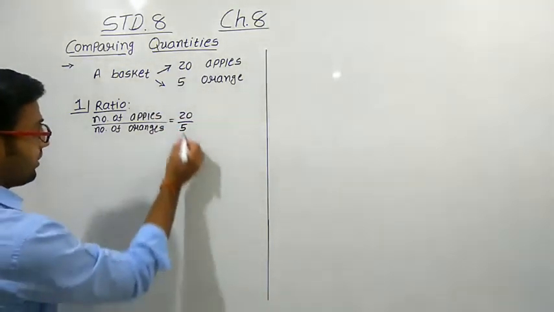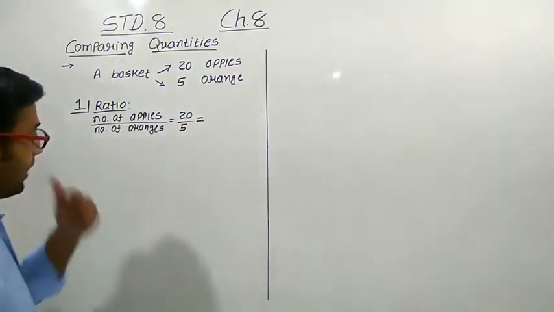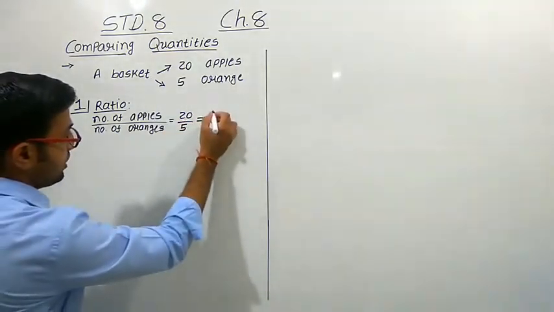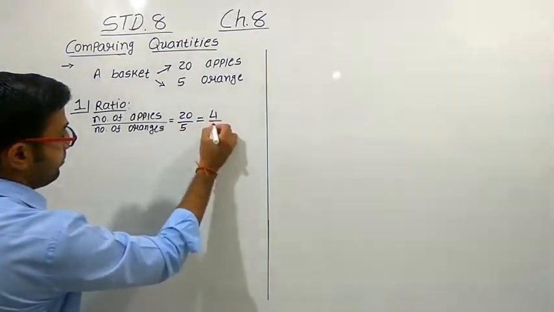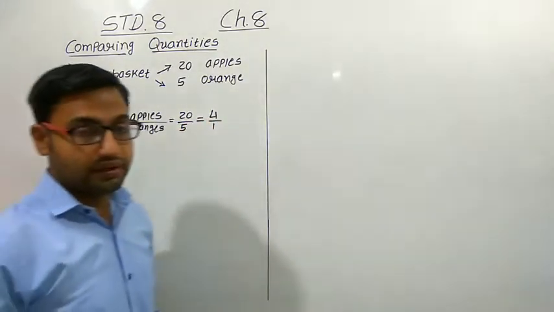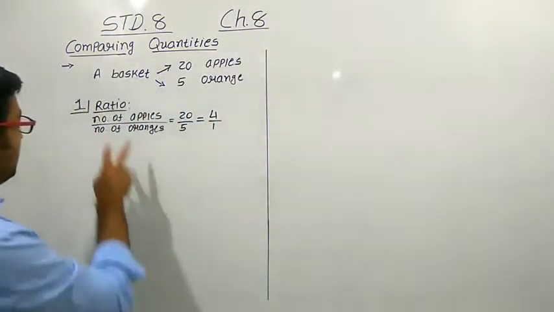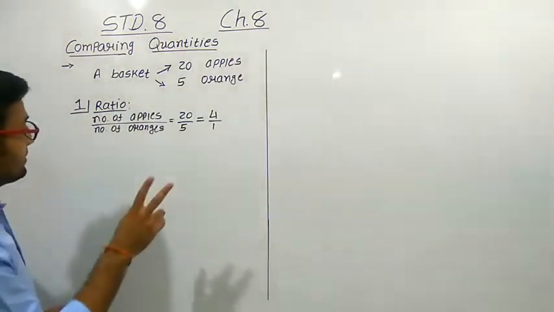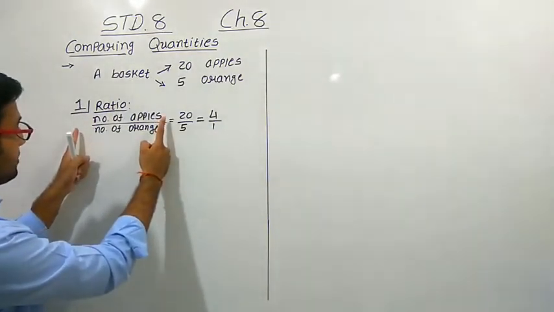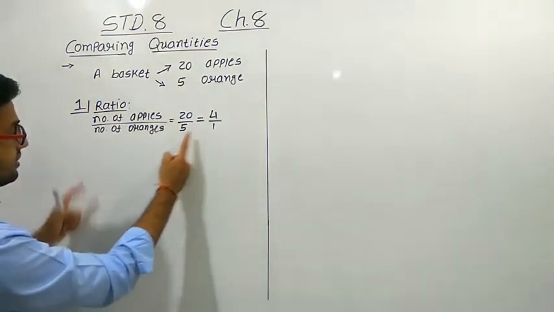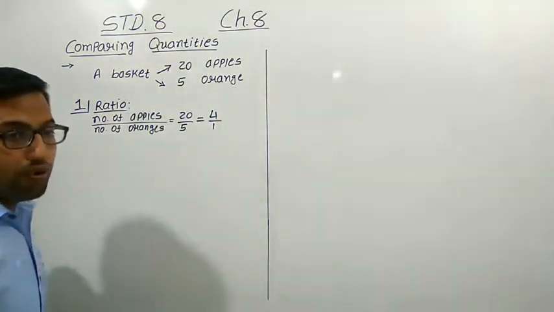Now we know that we can cut the common factor. See, 5 4s are 20, we can cut it. So here we get 4, and in the denominator 1 will remain. So see, we apply the ratio. So we can say that number of apples to the number of oranges is equal to 4 upon 1.